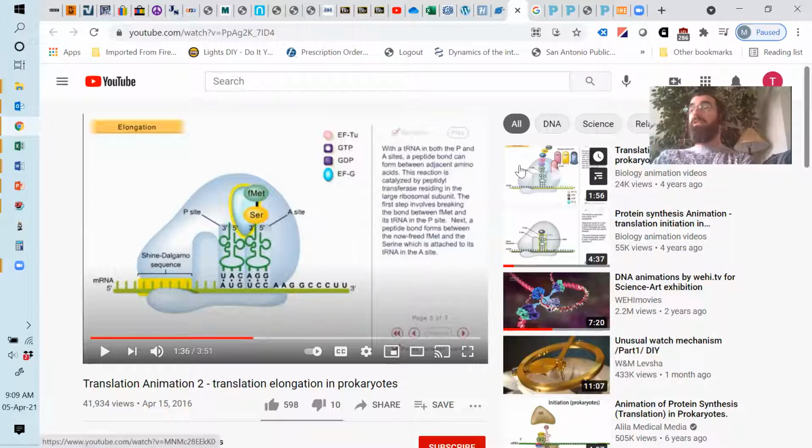And that's a condensation reaction, a condensation dehydration reaction. And so once that happens, now the original tRNA is discharged or uncharged, and both of the amino acids are now attached to the second tRNA.